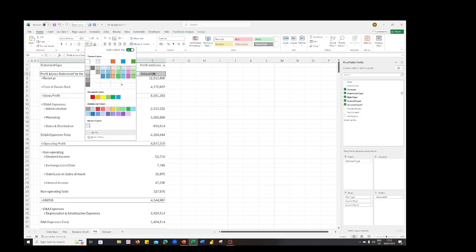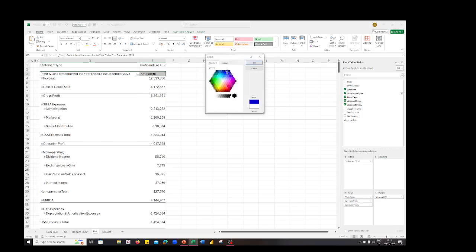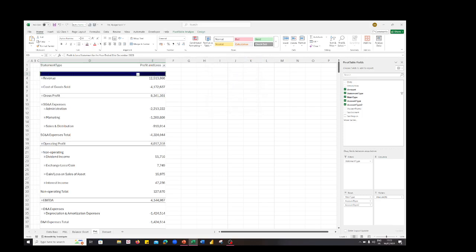This can also be formatted, depending on color. And put this to be white. Okay, it's fine. At least we are getting there.